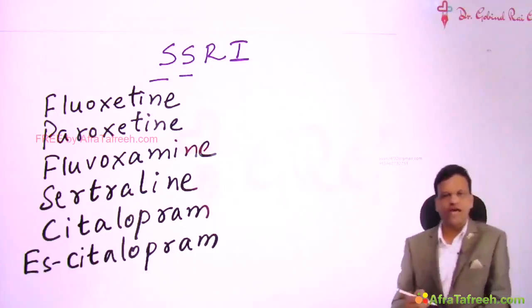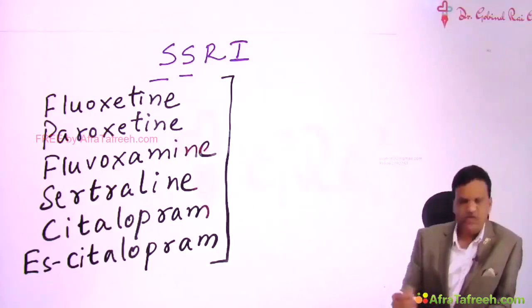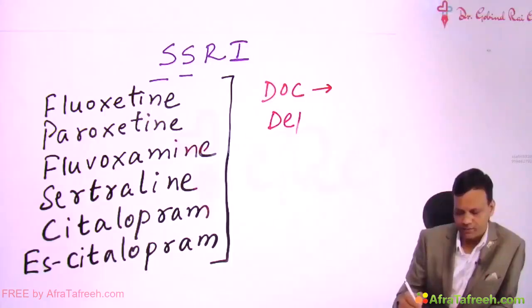These are examples of SSRIs, and these are considered to be very safe drugs. So due to this reason, SSRIs are drug of choice for mild to moderate depression.